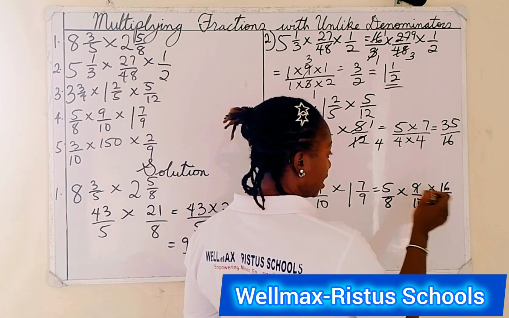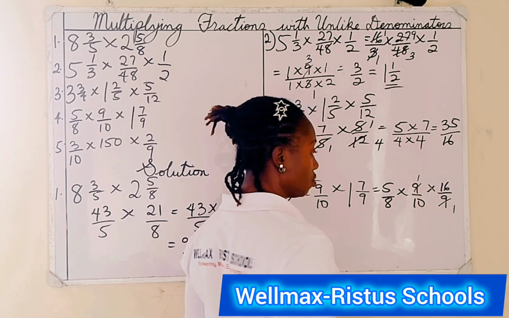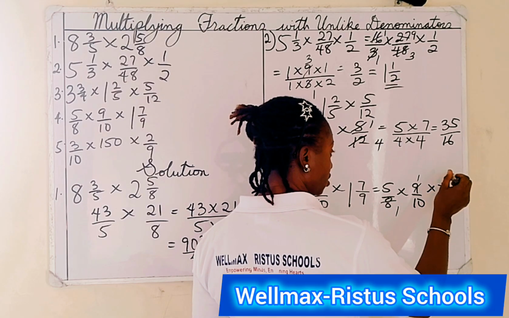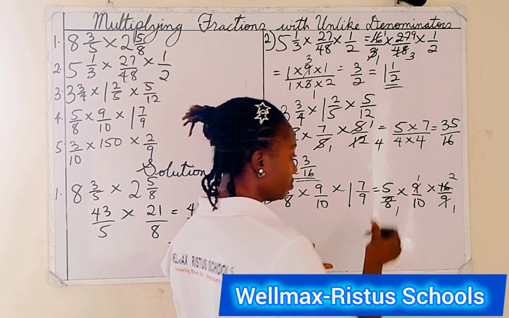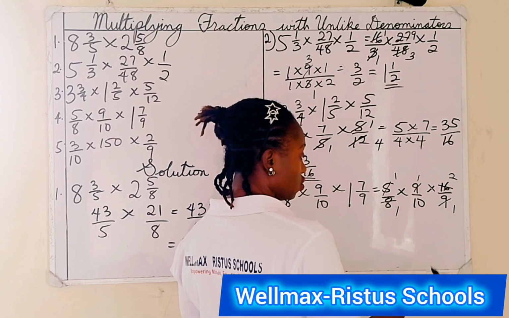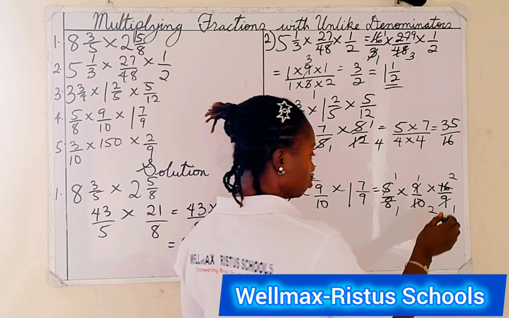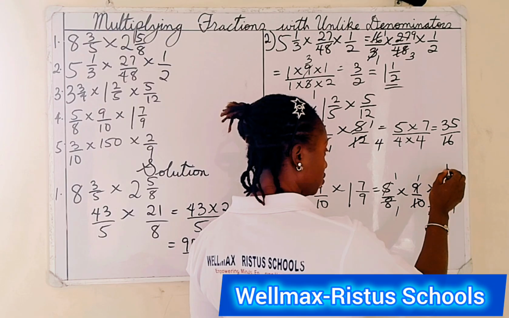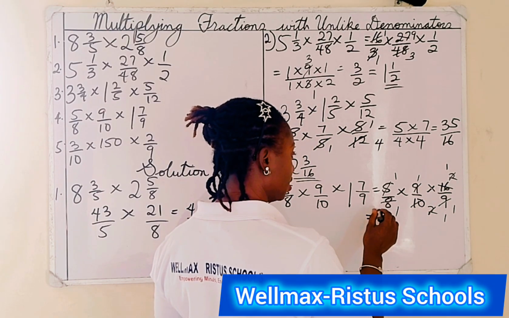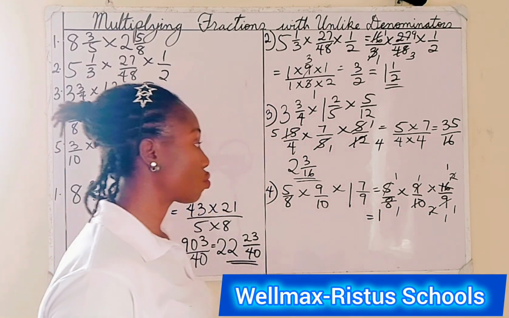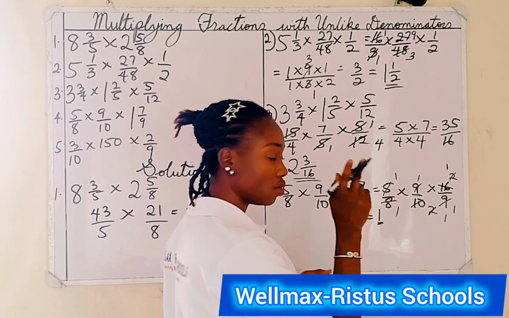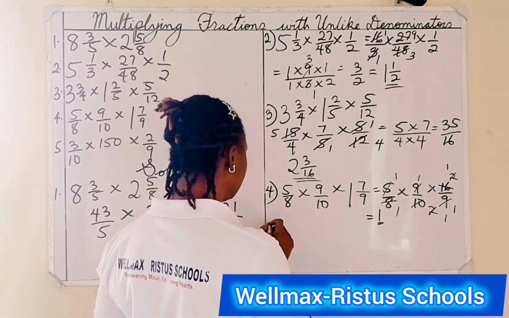Now from here, 9 can go into 9 once, 8 can go into 8 to give us 1, and into 16 to give us 2. 5 can go into 5 to give us 1, and into 10 to give us 2. And these 2s can also go into each other to give us 1. So the final answer here is 1. We've been able to divide everything evenly to give us 1 as the final answer.